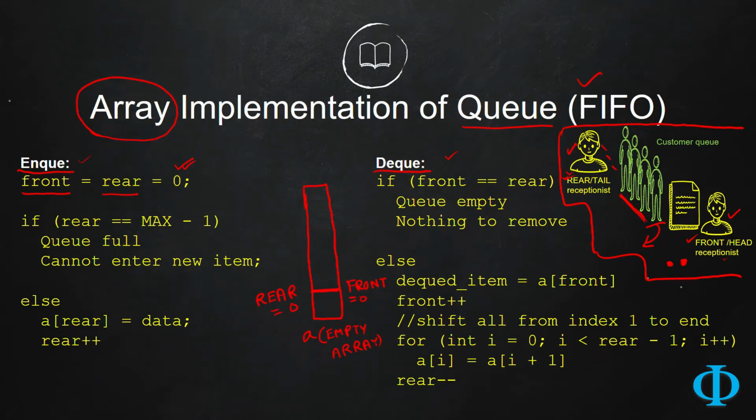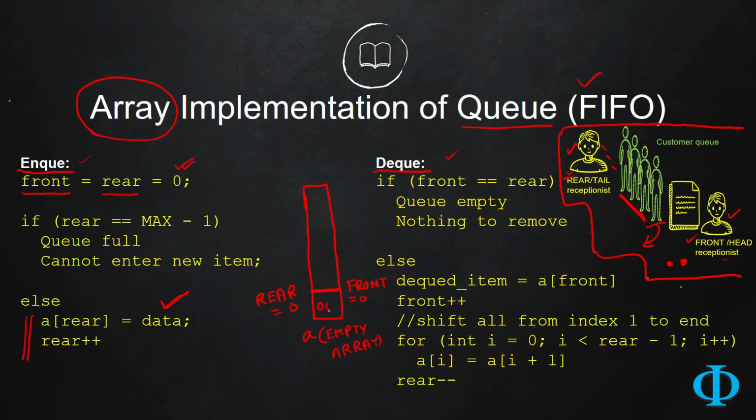Now the actual enqueue operation, you can see it in this else part. Whenever you get a data item, you have to insert it in the queue. Let's say my first data item is 000, some number or anything it can be. It can be a floating point number, a character, whatever. So if I want to enqueue that in the queue, first enter it at rear, that is A[0].